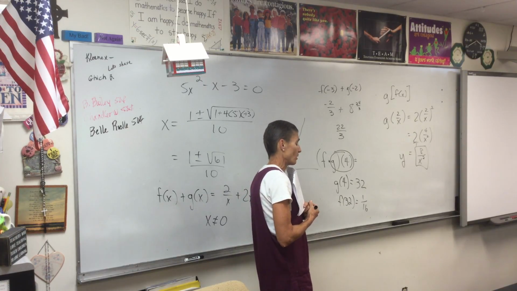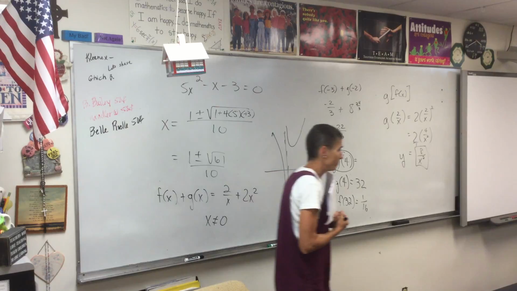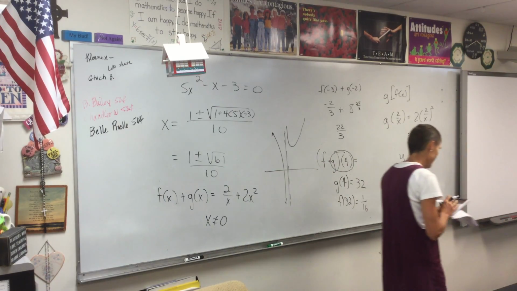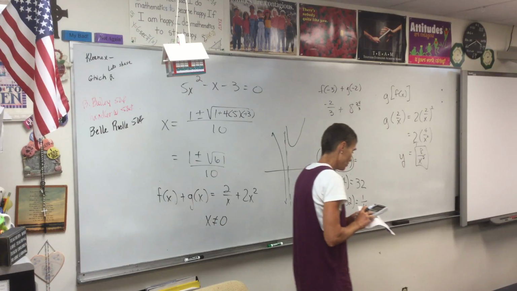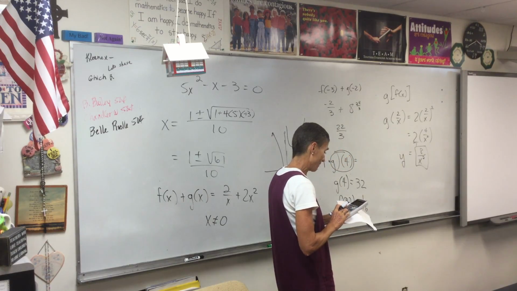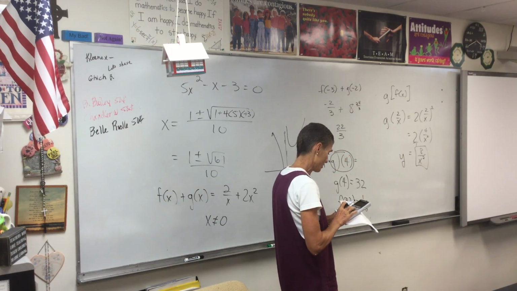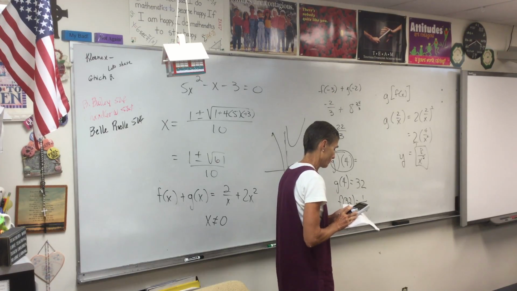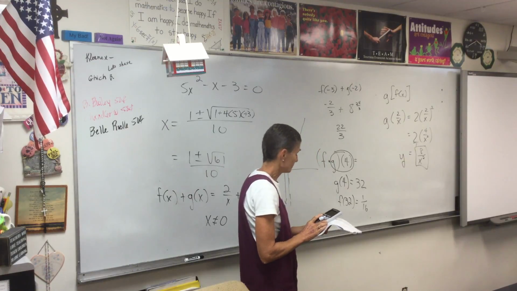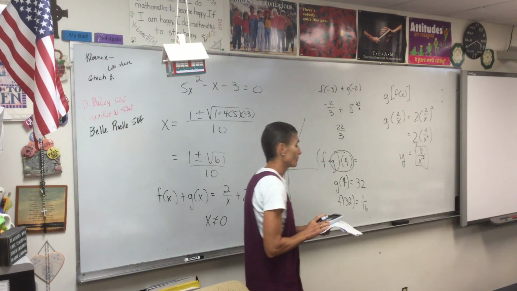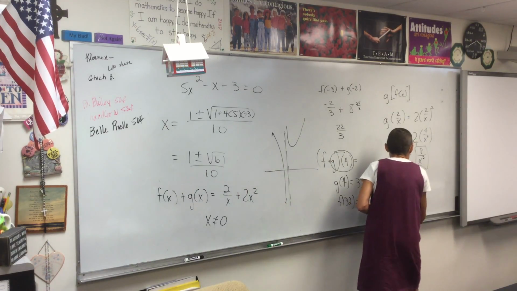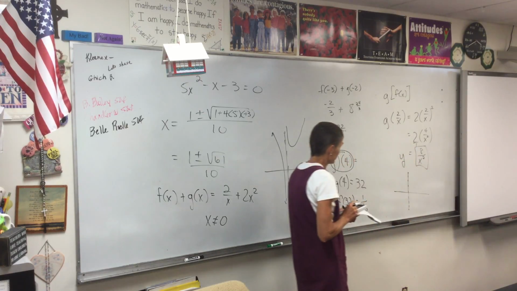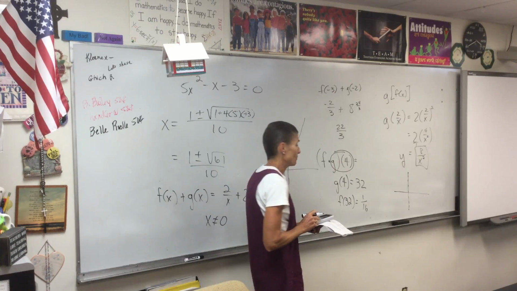Let's graph it. On your calculator, let's graph it. Range is tough. I'll give you that. Usually if you graph it, you get a much better idea of what's going on. So when you graph it, you've got your vertical asymptote at 0.